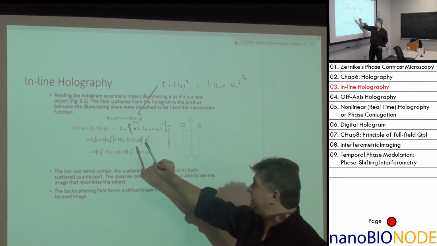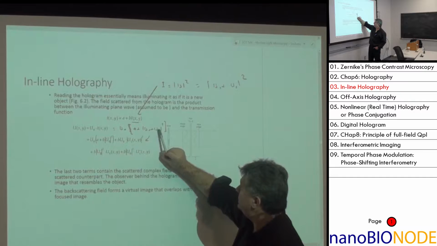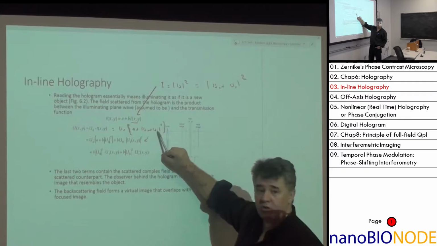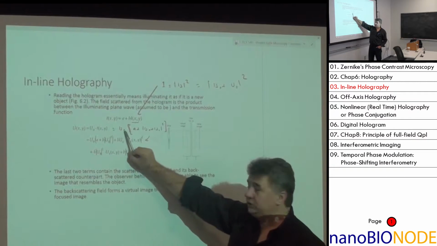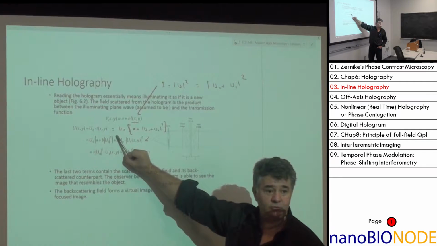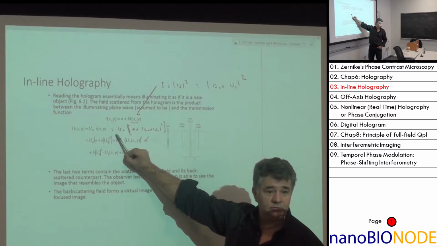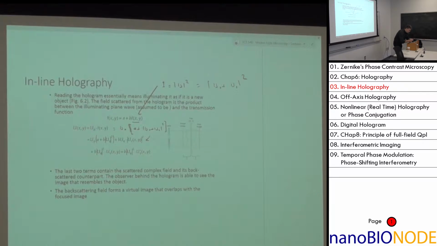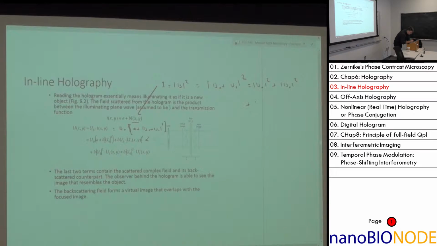And then the interesting part is U0 U1 conjugate multiplied with the U0 in front, and then U0 conjugate U1 multiplied with the U0 in front. We're just doing this magnitude square, right? You want me to write it down? So this is basically magnitude U0 squared plus magnitude U1 squared plus U0 U1 conjugate plus U0 conjugate U1.